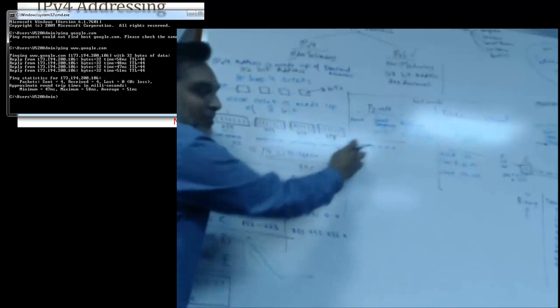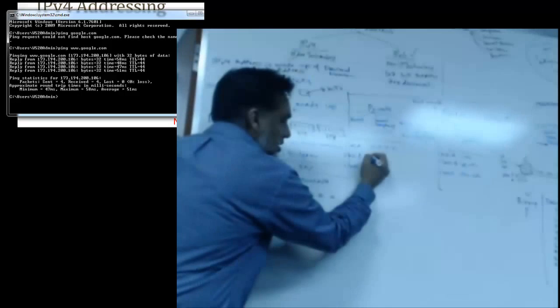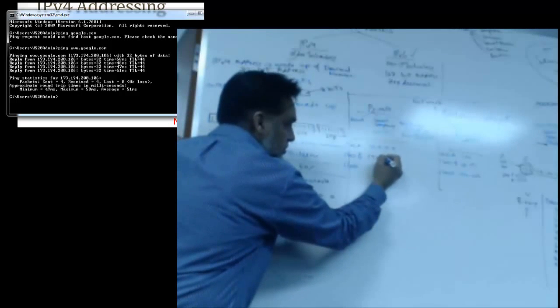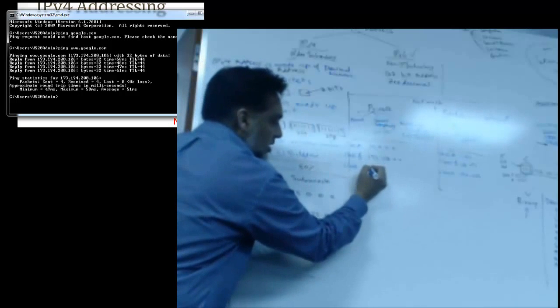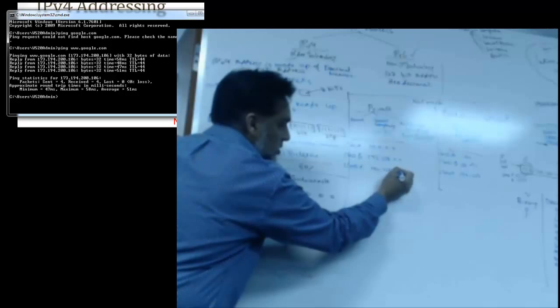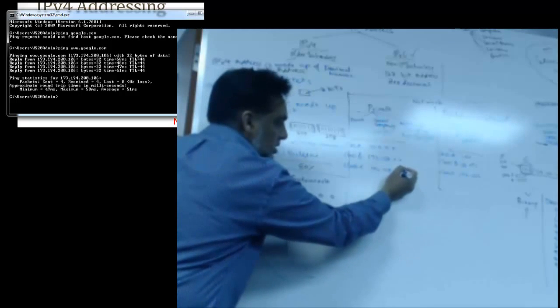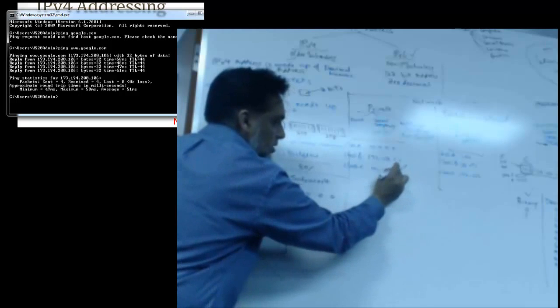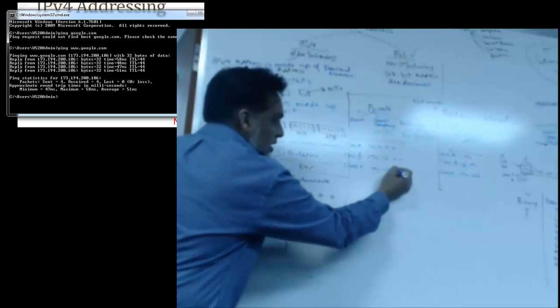And here class B starts from 172.16.0.0, and here class C is 192.168.0.0.